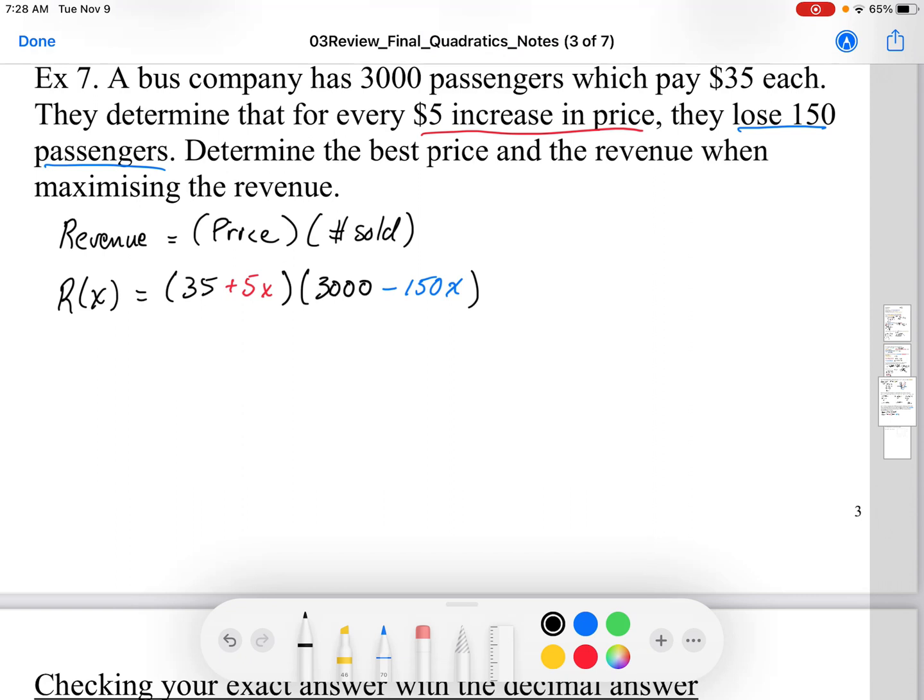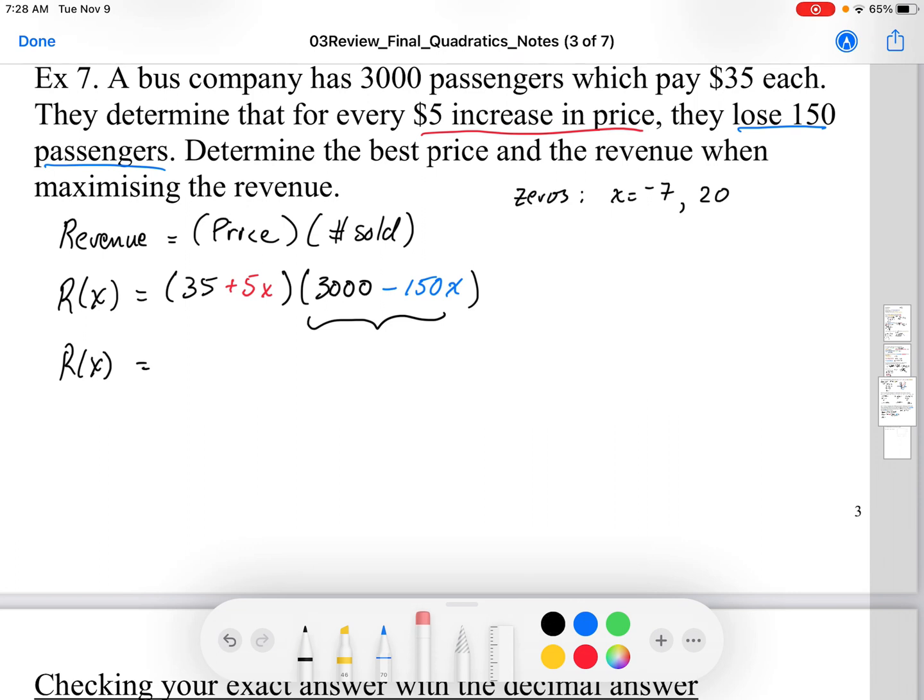Now, to determine the best price and to maximize revenue, we want to find the maximum value of r, or the vertex of this function. So there are a few different ways we can do this. So now we have the relationship. I'm going to find the vertex by finding the midpoint of the zeros. So the zeros of this function are going to be at x equals -7 from the first bracket, and then x is going to be positive, from here, 3,000 divided by 150, or positive 20.